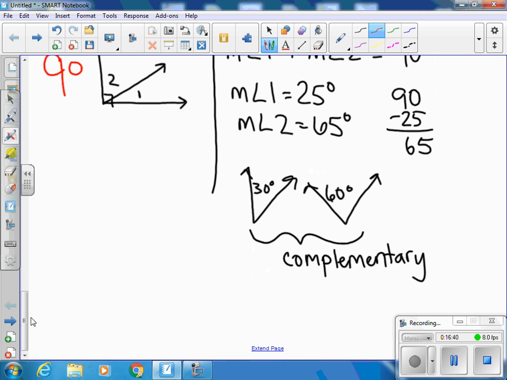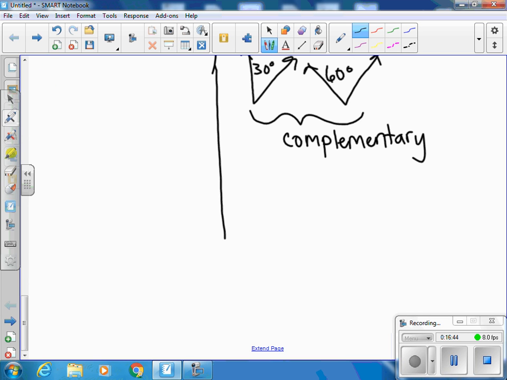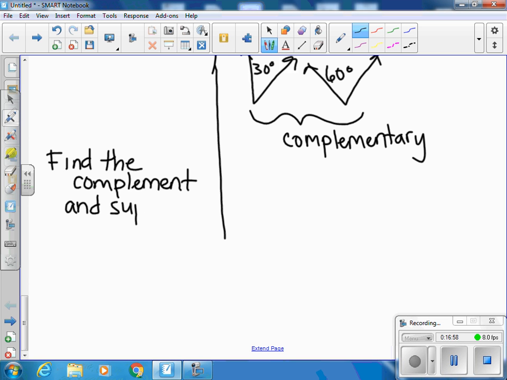Another piece that you're going to do with these angles other than identify them by picture is you're going to have to find the complement and supplement, which once again goes back to complementary and supplementary. So they're going to give you one angle measurement, not in the picture, just a number, and you're going to have to find each one of these, the complementary number and the supplementary number. If I give you 63 degrees as your starting angle, you don't need a picture of it.